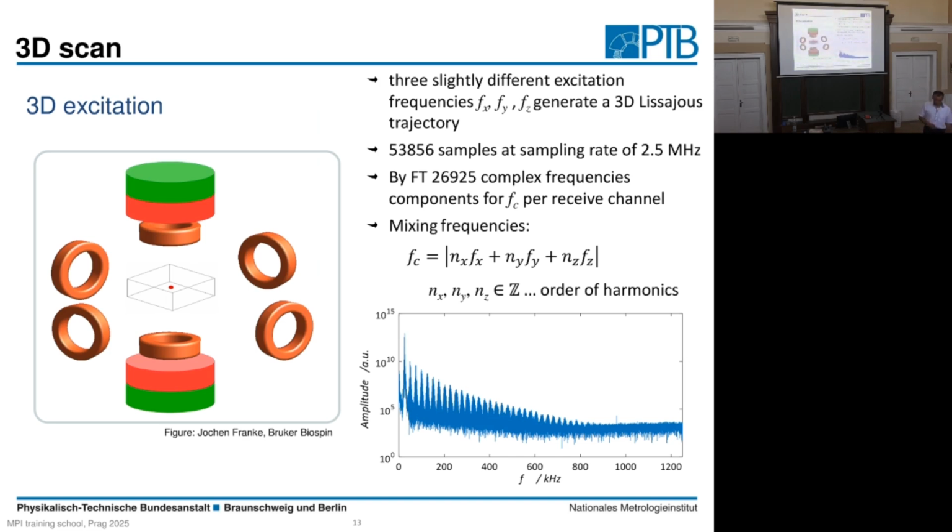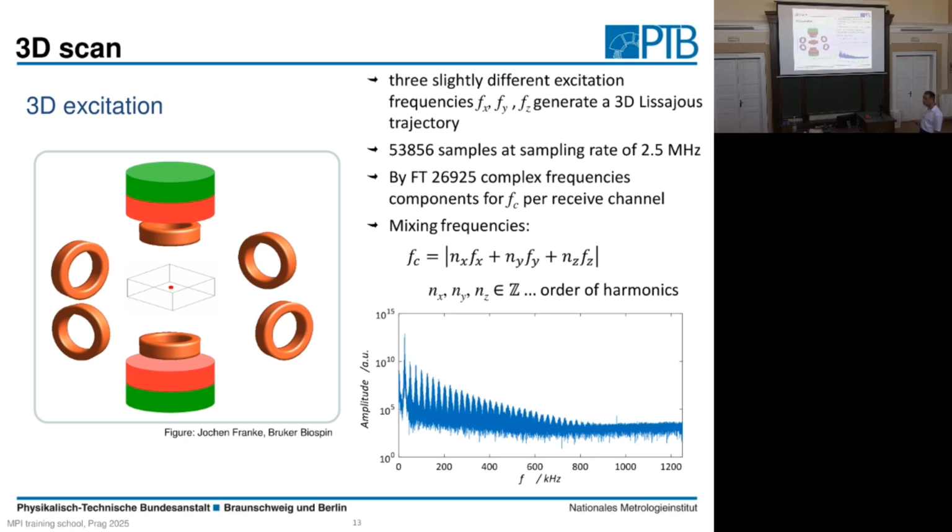Okay, but of course it's a little bit more complex. We have 3 excitations which have a similar frequency, and by this they generate this Lissajous trajectory which moves this field-free point over the whole volume that we would like to investigate.